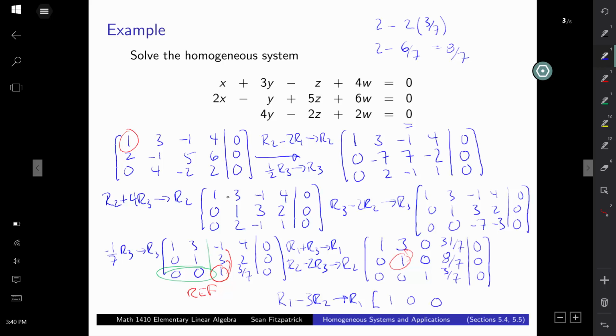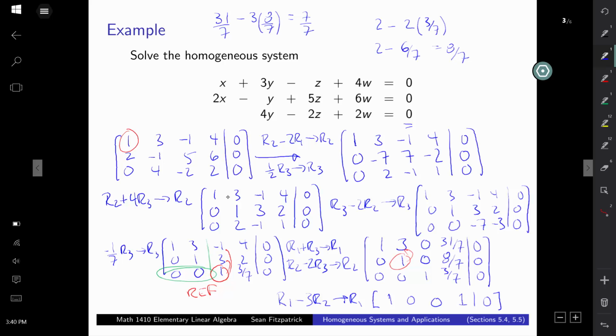And then I got to do another one of these guys. 31 over 7 subtract 3 times 8 over 7. 31 minus 24. Oh, interesting. That's 7 over 7. I just get a 1.